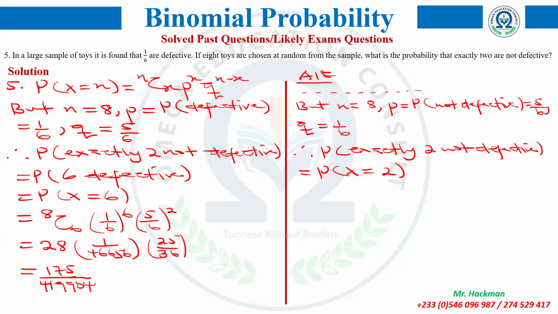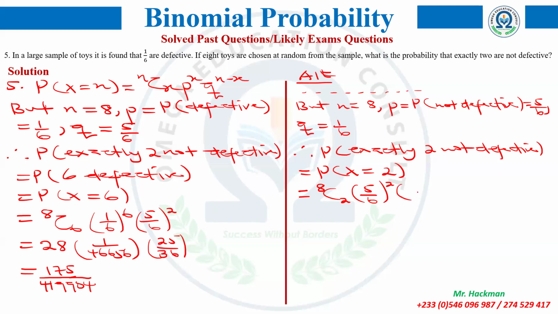Yes, please. Which will be equal to 8 combination 2, am I right? Yes. Into your success, which is now not defective, 5 on 6, to the power 2.